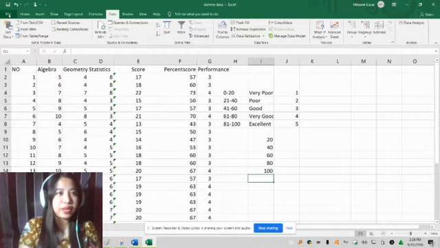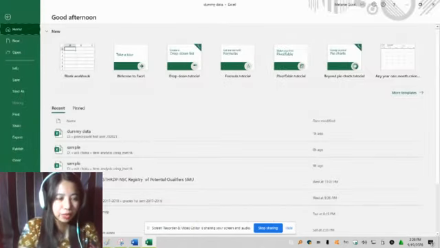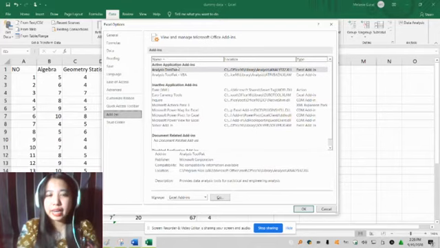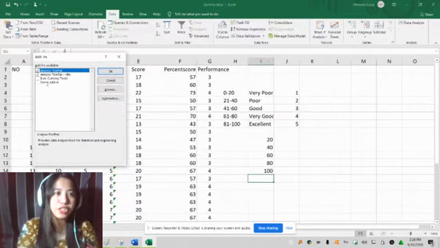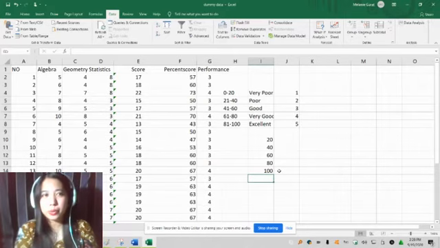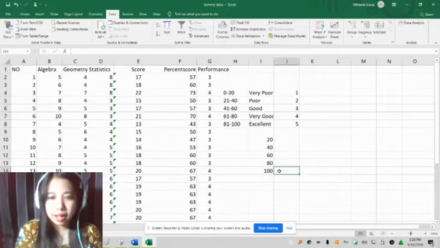To do that, you have to click File and locate Options, and click Add-ins and then click Analysis ToolPak. Then in Excel Add-ins, you click Go and then check Analysis ToolPak and Analysis ToolPak VBA. Click OK and it will be set here. You can already see it here, because I already added it in my add-ins.